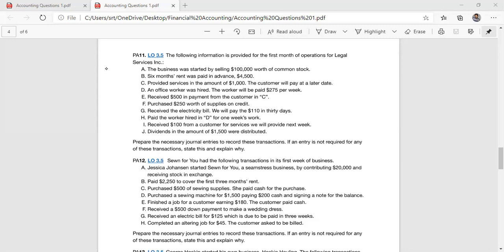Prepare the necessary journal entry. This is what we are going to do. I've read the question. The purpose was to give you an idea what we'll be recording. So you can save this screen and we'll be moving on to record these transactions one by one now.